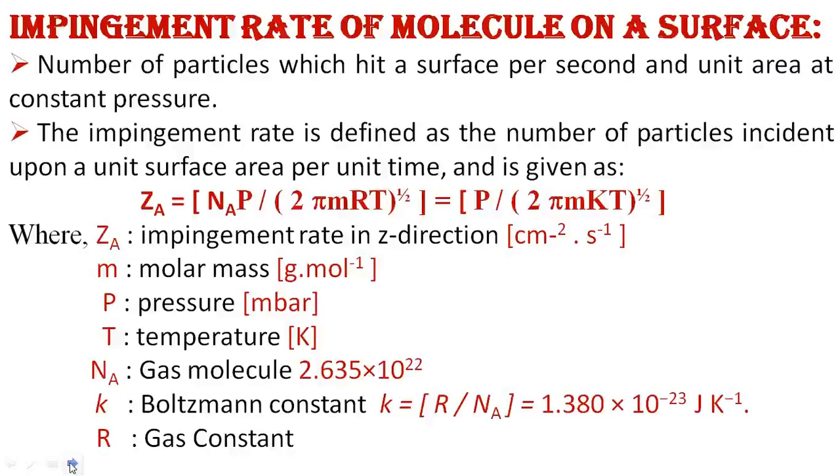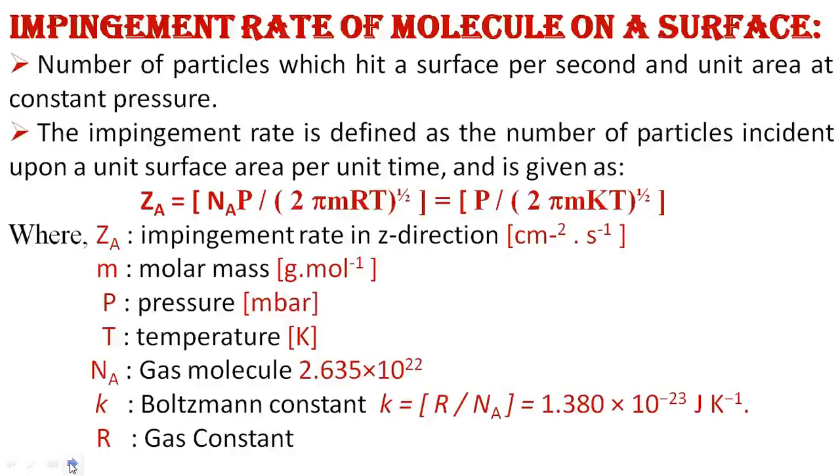The impingement rate is defined as the number of particles incident upon a unit surface area per unit time, and is given as Z, the impingement rate in the Z direction, equal to NA times P upon the square root of 2 pi mRT.